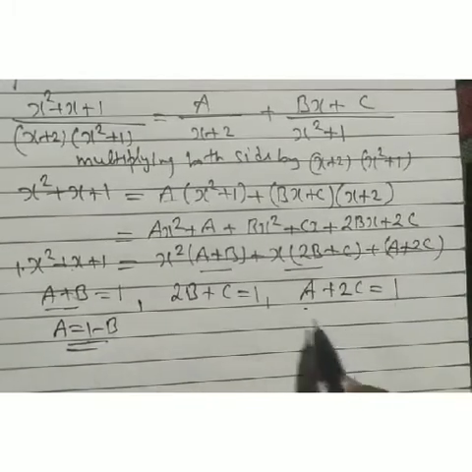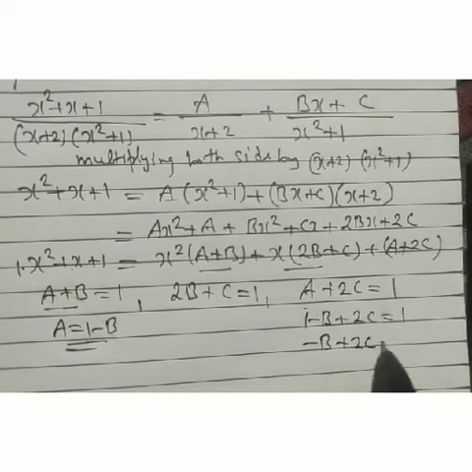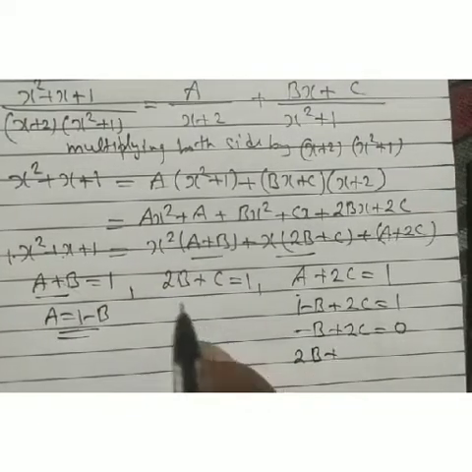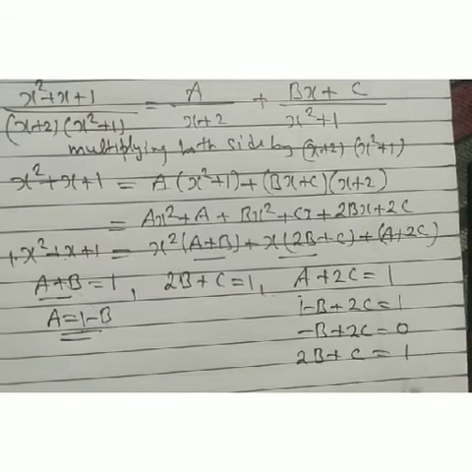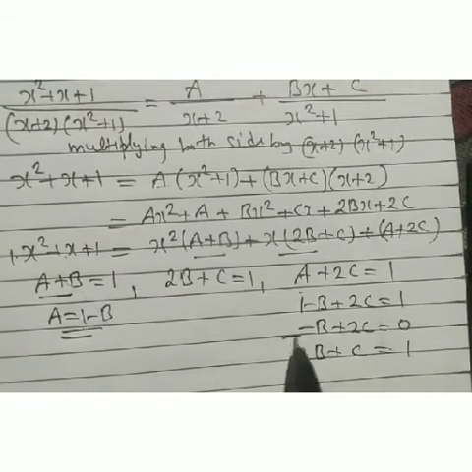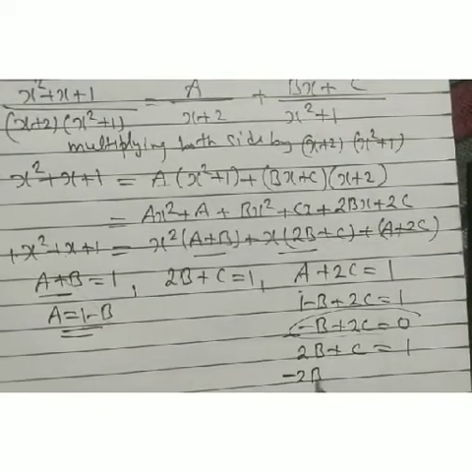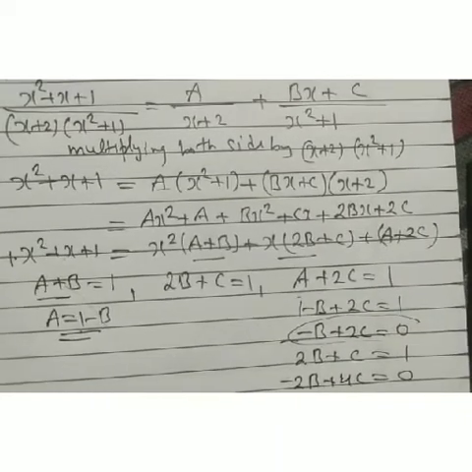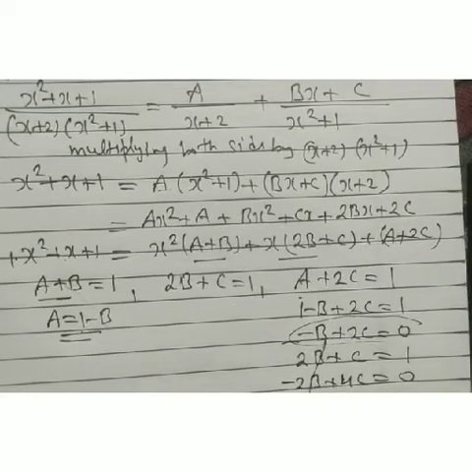Putting it in the third, 1 minus b plus 2c equals 1, then minus b plus 2c is equal to 0. The second equation is 2b plus c equal to 1. Multiplying the first by 2, we get minus 2b plus 4c equal to 0. Now adding them, we have 5c equal to 1. Then what is the value of c?